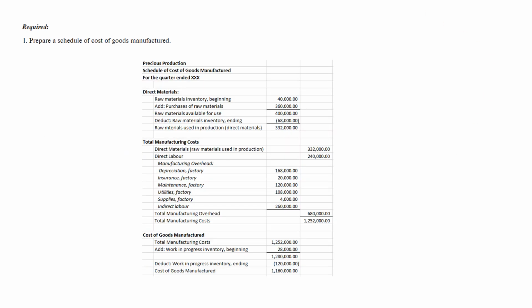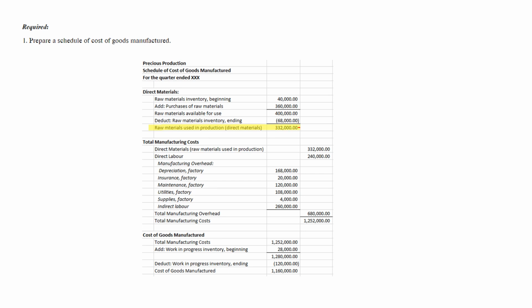So I just wanted to highlight the total flow for that first requirement again. So we started with our direct materials, and so all the information we've been pulling from that list of items from the first part of the question. But we first figured out our direct materials using that formula of beginning plus additions is the total available for use minus our ending is the total raw materials used in production, or our direct materials.